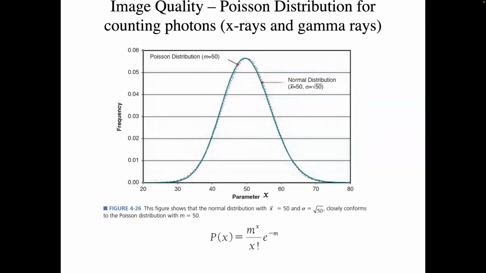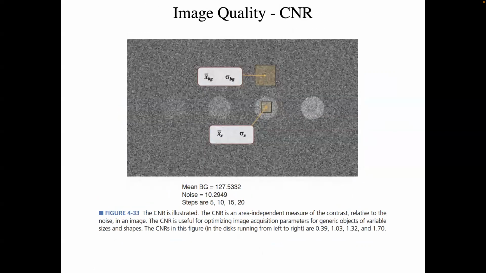Okay. This is just a review of signal to noise. We've already done this, right? I think back in image quality, where you look at the background signal and the root mean square deviation on the background, the signal of your object and the root mean square deviation in here, and use that to determine the contrast to noise function as to whether or not you can detect it.